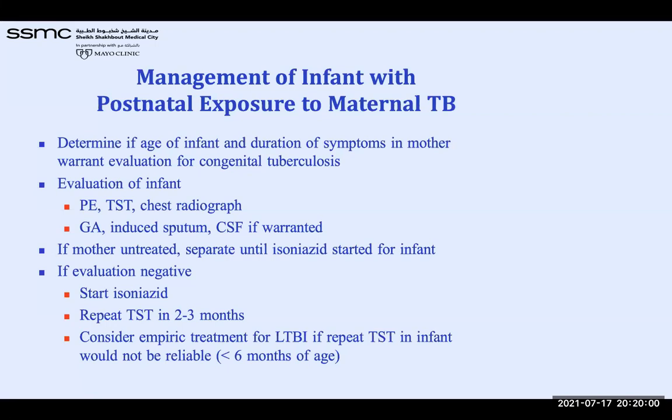If the mother is untreated, then separate until INH is started for the infant. If evaluation is negative, then start INH, repeat TST in 2-3 months, and consider empiric treatment for LTBI, since the TST in an infant is not reliable in less than 6 months of age. So these are the general things which we can do.